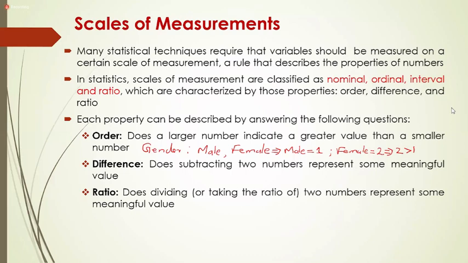Here actually 2 greater than 1 means female greater than male. Is it right or wrong? Now this comparison, 2 greater than 1, indicates that female is greater than male. Is this statement right or wrong? Meaningful or not meaningful?